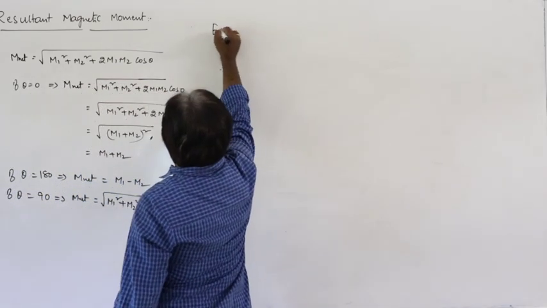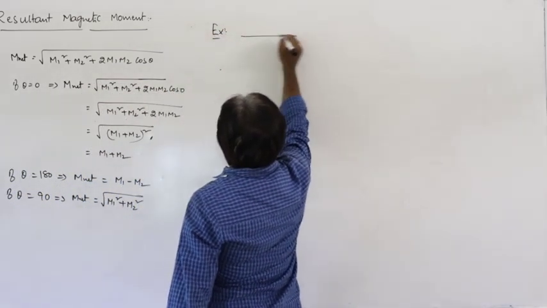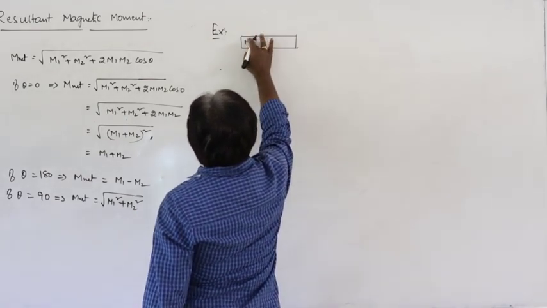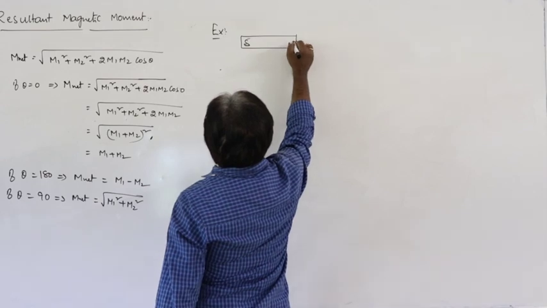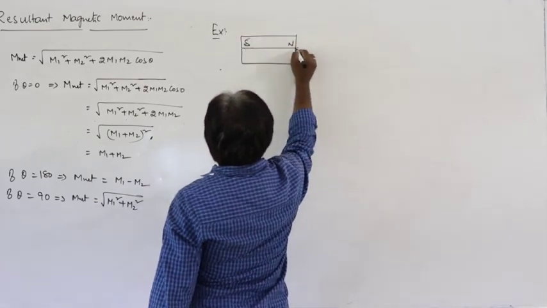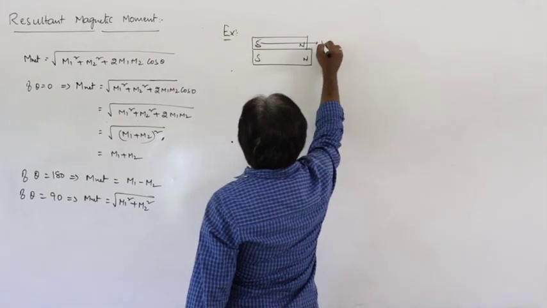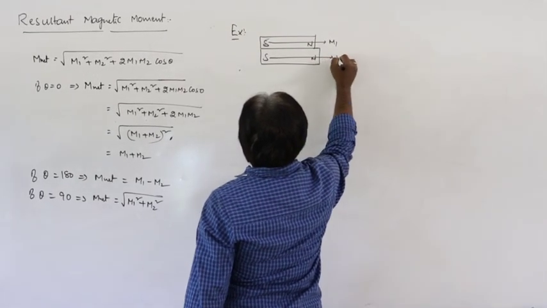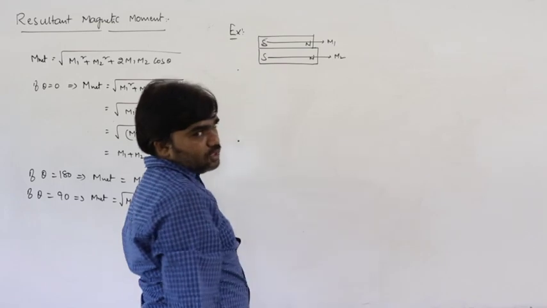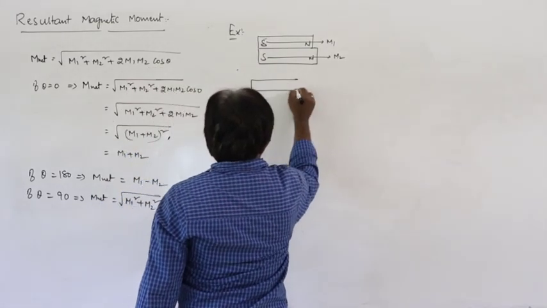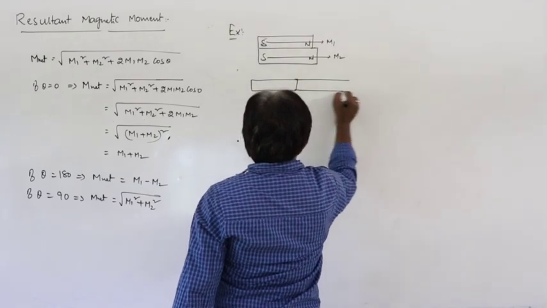Examples here, let us say this is South pole, North pole. Next another magnet, South pole, North pole. Let us say it is m1 and this is m2. If these two are arranged like this, one above the other, or the two magnets are arranged like this.